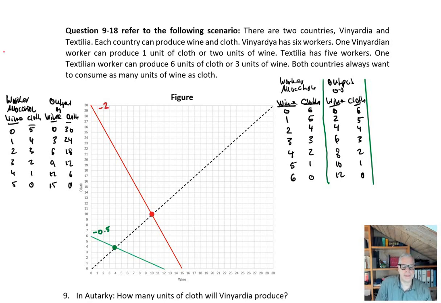Now, for Vineyardia, if they produce 1 extra unit of wine, how many cloth do they give up? 0.5. But if Textilia wants to produce another unit of wine, they have to give up 2. So comparatively, Vineyardia produces wine cheaper because they only need to give up half a unit of cloth.